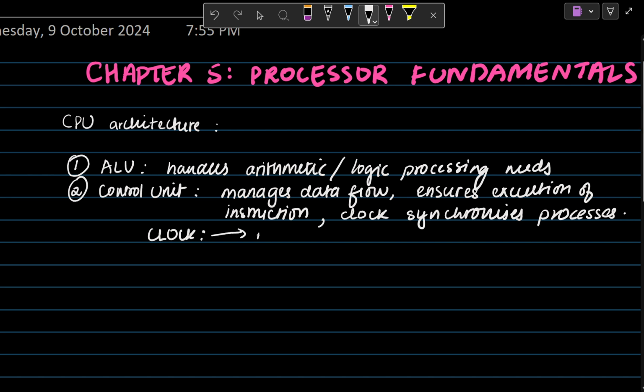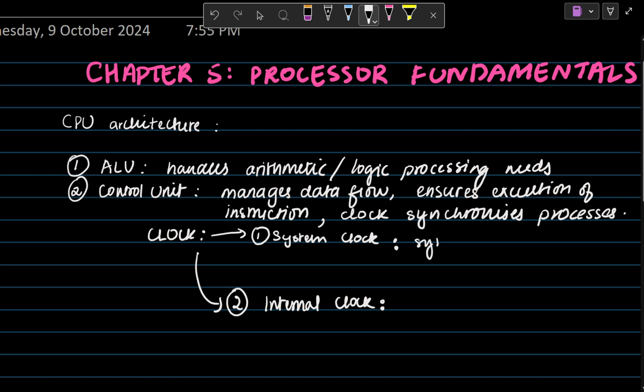There's two types. Number one is a system clock, and number two is an internal clock. Okay, so as the name might suggest, system clock is basically for the overall computer itself, and internal is for the internal part, right? So system clock synchronizes the entire computer system.